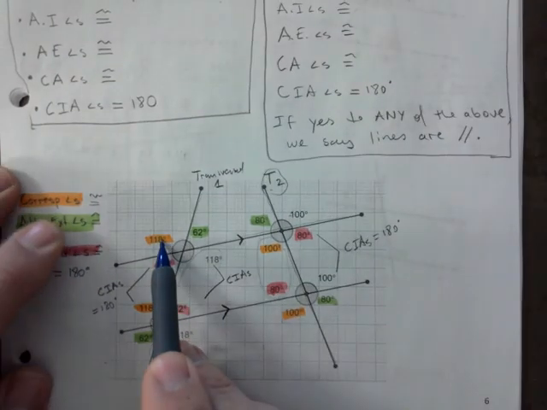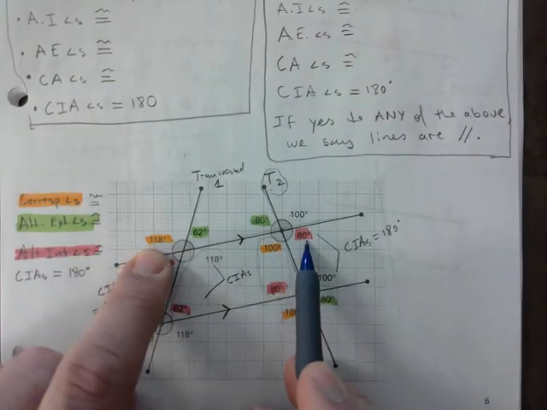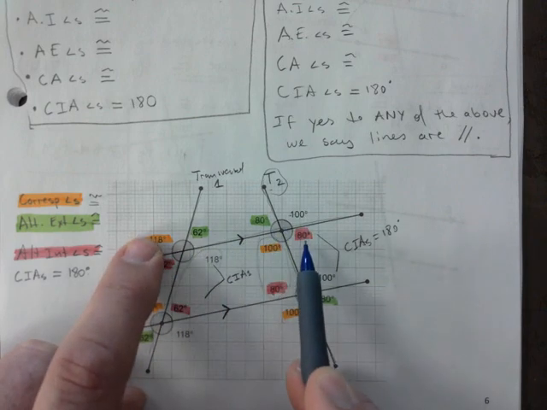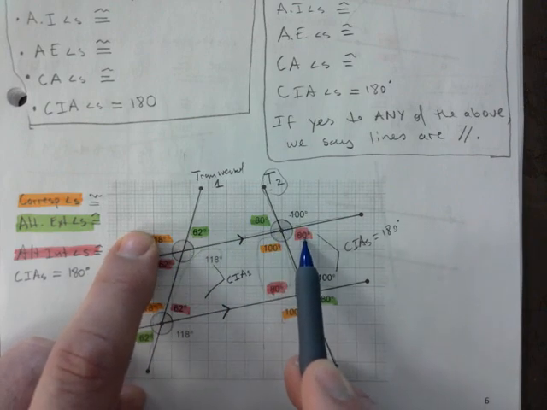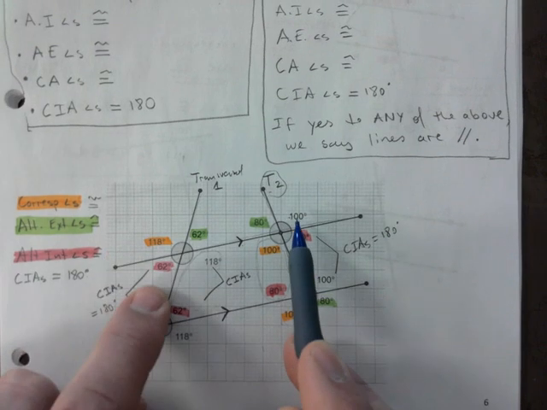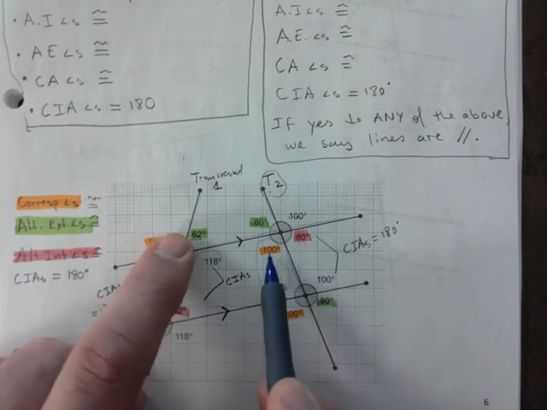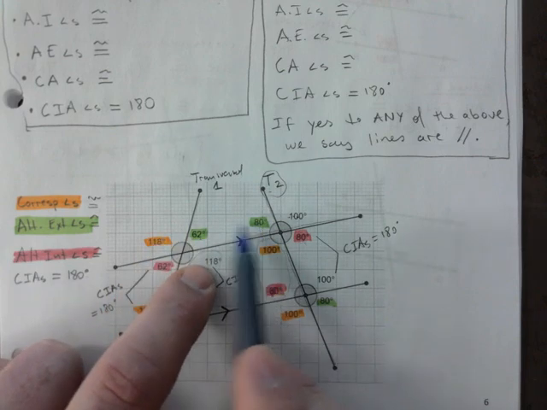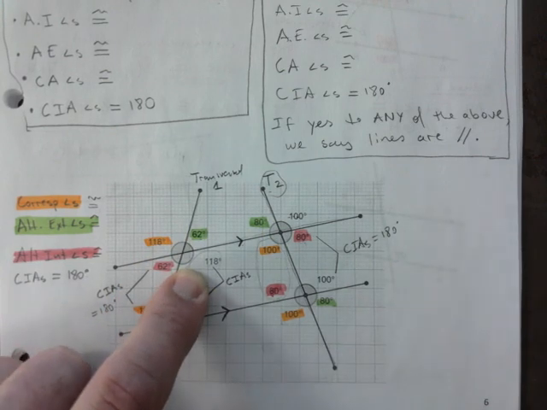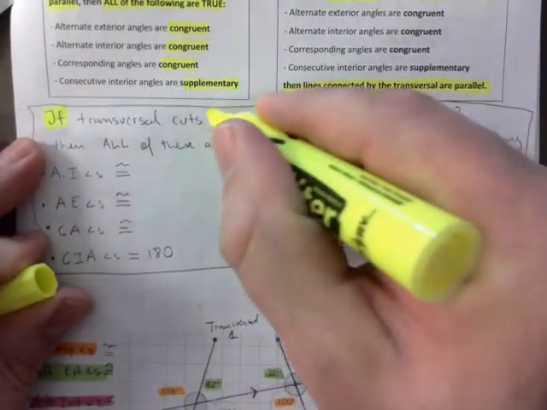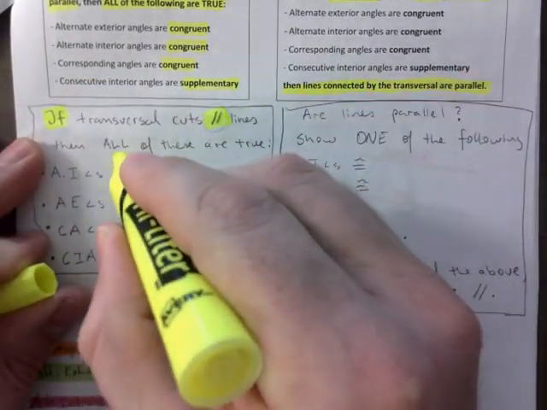If you look at 118 and 80, and consider this your transversal, they are alternate exterior, but they're not congruent. And then you have alternate interior here, this one and this one. They're not congruent. So don't make the assumption that this is always true. But if lines are parallel, then all of these things are true.